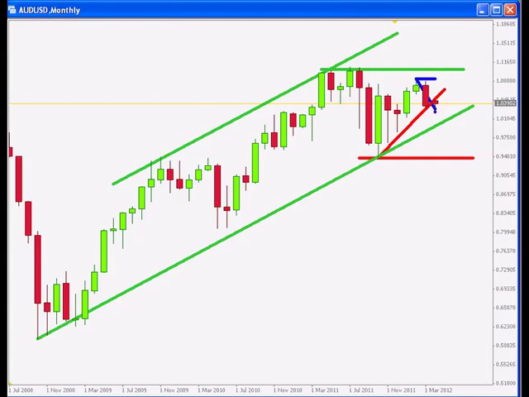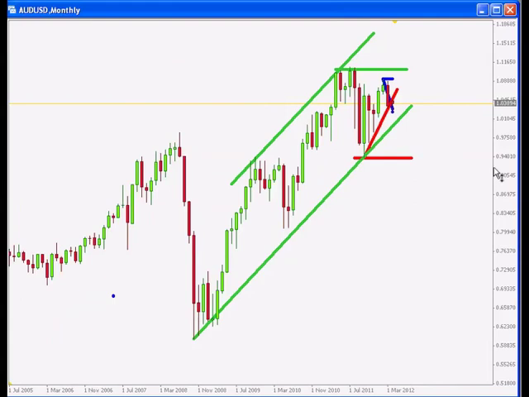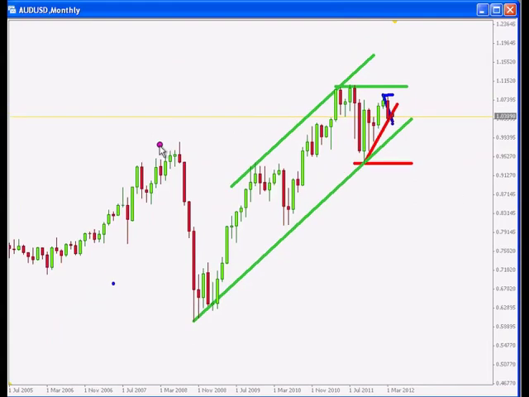Let me zoom out once again. We have this former level, but already got broken there. In fact, it got broken, but price upon beginning to retrace back down, found support right there. You see, let me actually mark that.